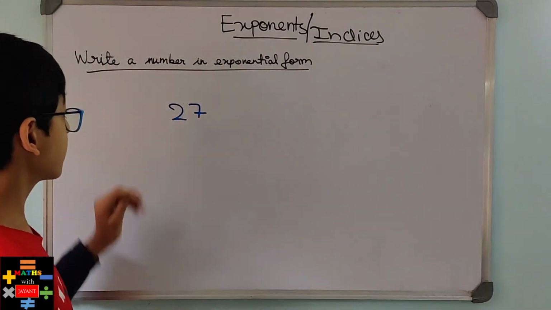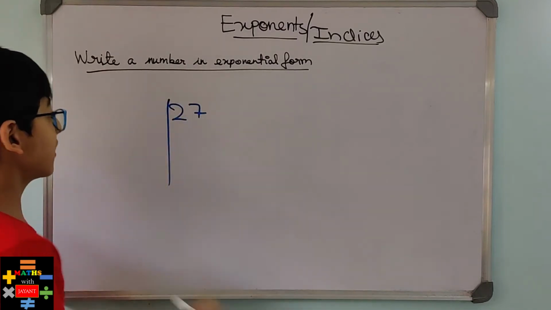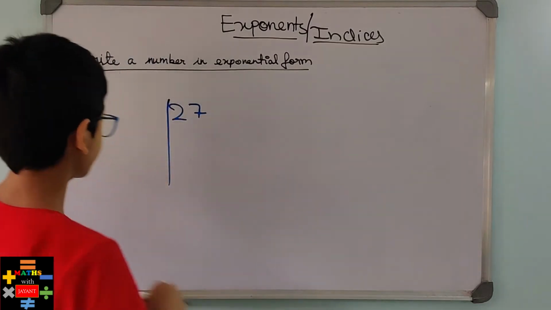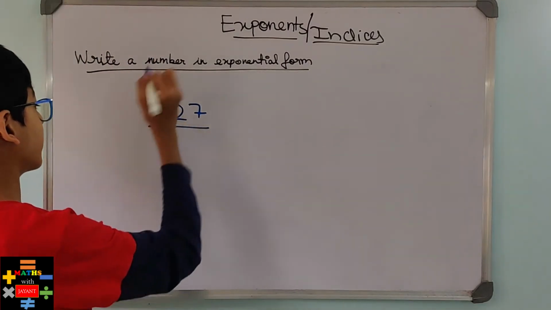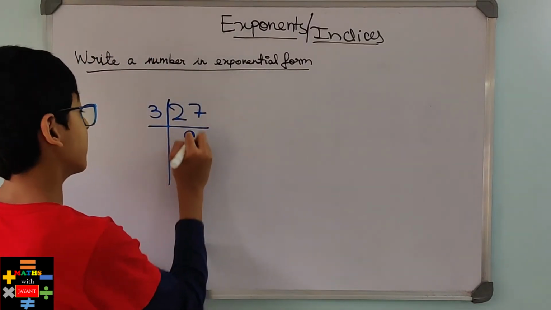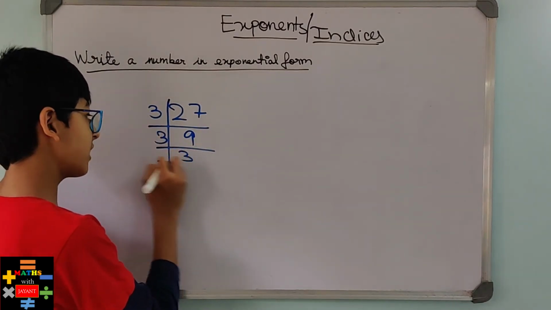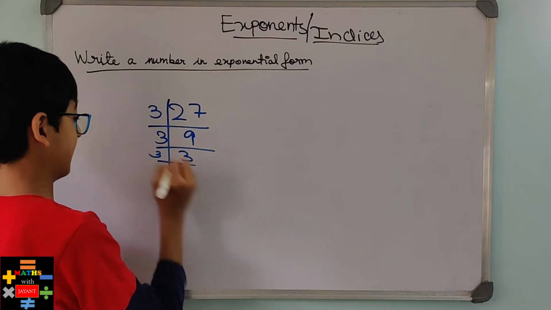So over here we'll do prime factorization. Now 27 is not divisible by 2, it is divisible by 3. Now 27 divided by 3 gives us 9. 9 divided by 3 gives us 3, and 3 divided by 3 gives us 1.